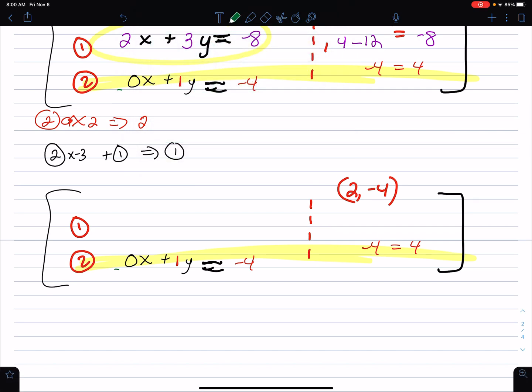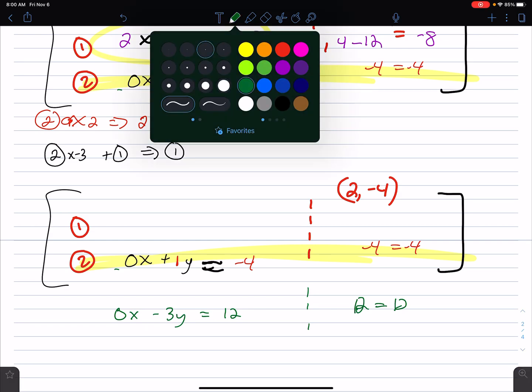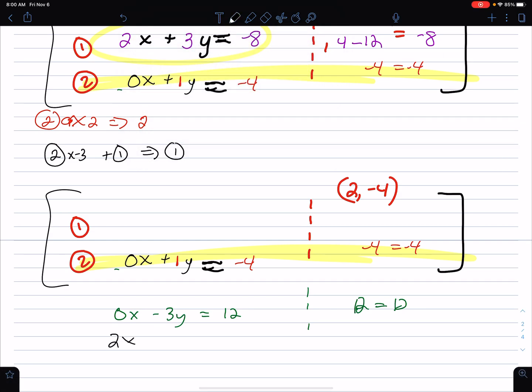So if I take the original fact and multiply every number in it by -3, notice how it's still true. I think one of my negatives forgot to transfer, sorry. And then I can add it to the original first fact, which I'm just going to rewrite in black.